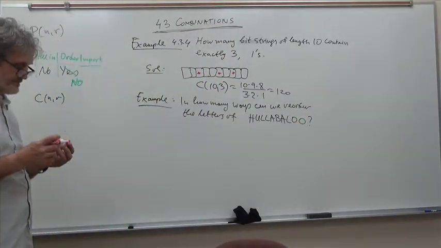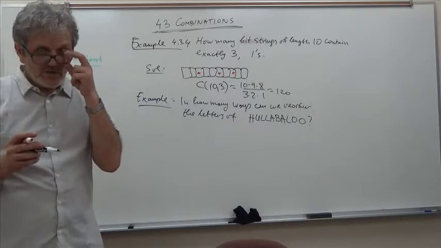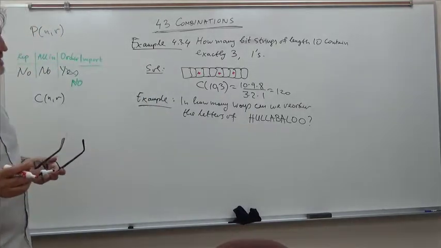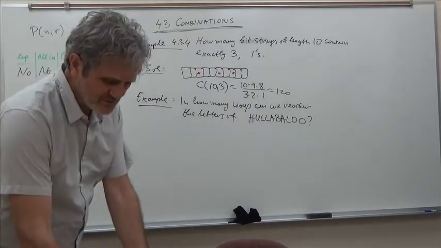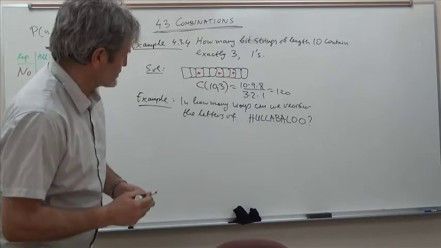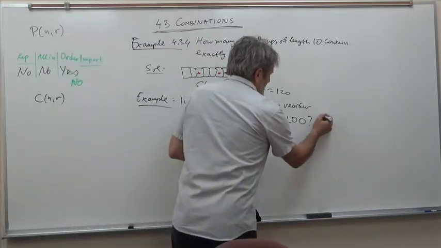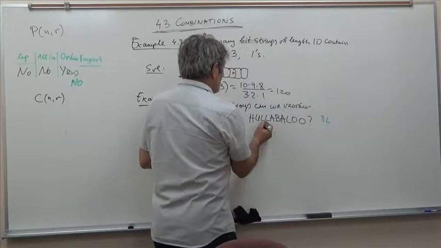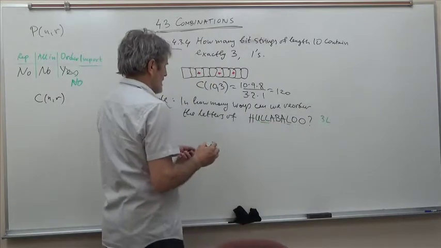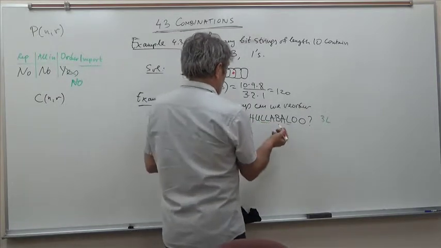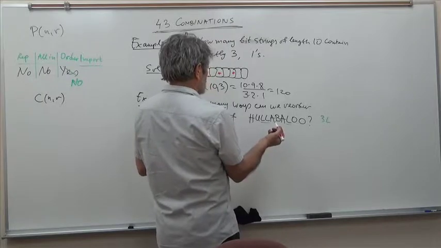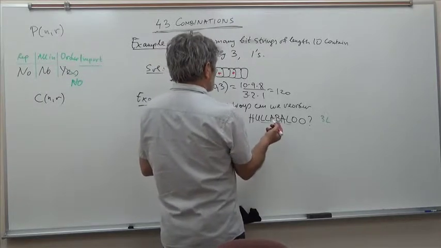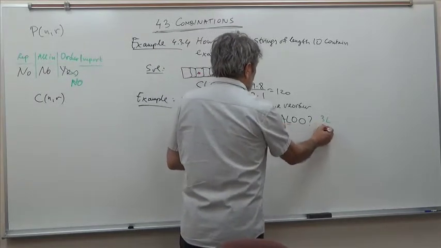So what's happening? None of our configurations works because there are repetitions. Let's count those repetitions because that will be crucial. There are 3 L's, 1, 2, 3. There are 3 A's, I think. No. Who else? There are 3 L's. No, there are 2 A's. Okay.